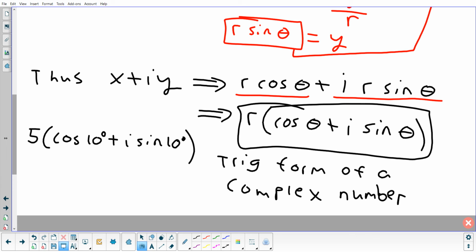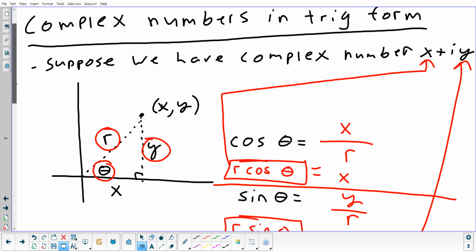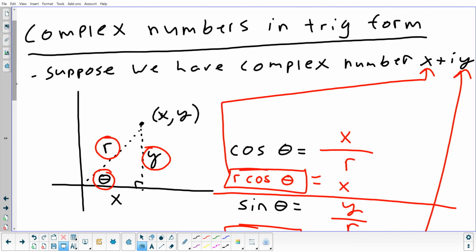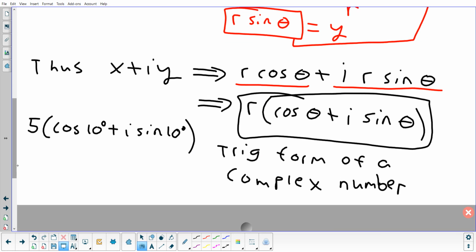Can I distribute the 5 out and then actually take the cosine of 10? Well, you could, but if you did that, you'd be changing it back to what you started with. So if you want to check your answer that way, you can do all this out and see if you get back what you started with. We'll check one of our answers, but in general, if I have to change to polar or trig form, I just stop right here.